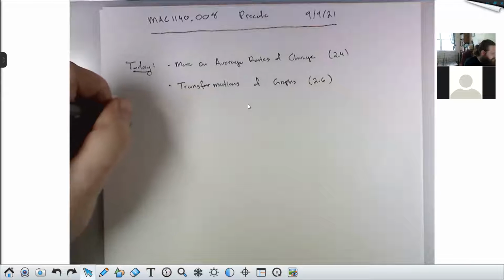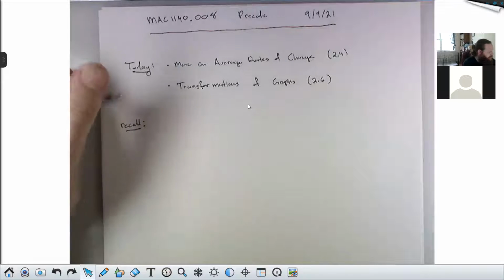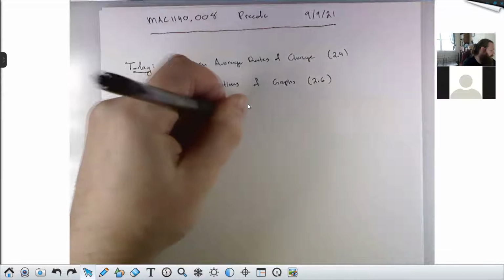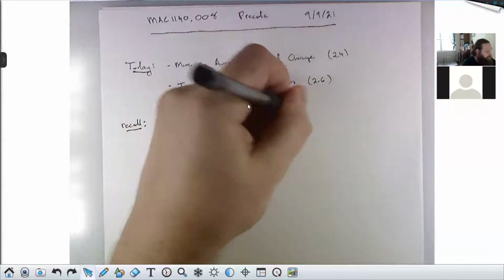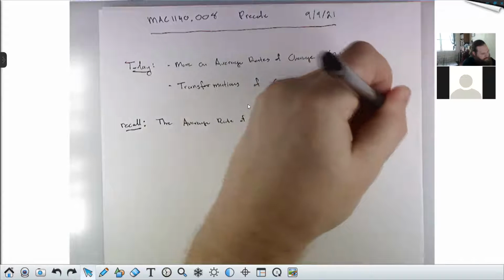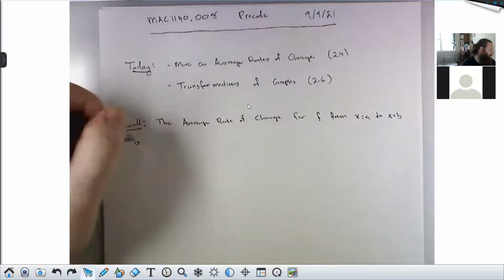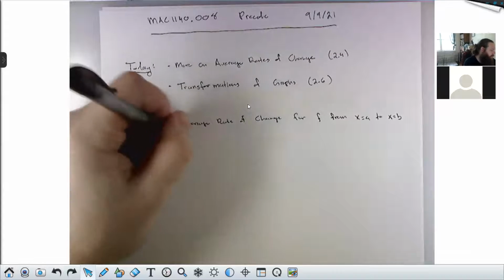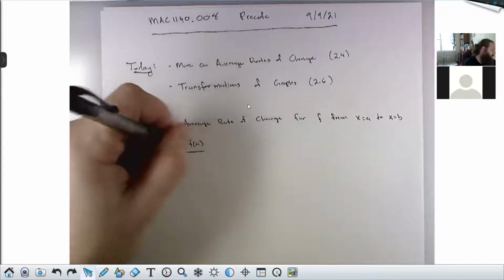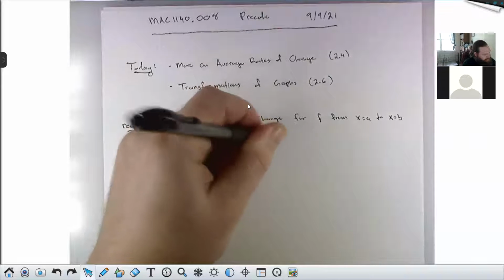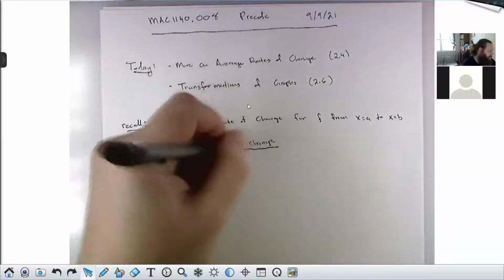So let me begin here by saying recall that the average rate of change for the function f from x equals a to x equals b is the slope of the secant line connecting the points a comma f of a with b comma f of b, which is f of b minus f of a divided by b minus a, which is like the net change from last week, net change, divided by the length of the interval AB.